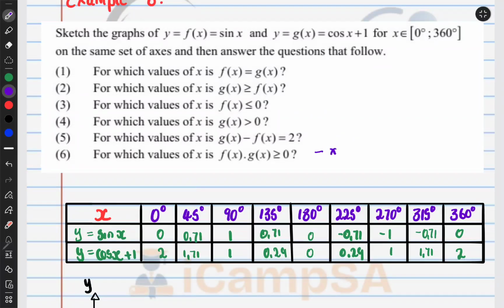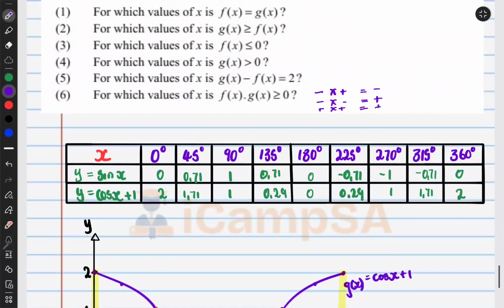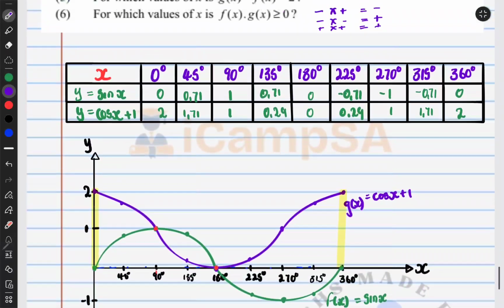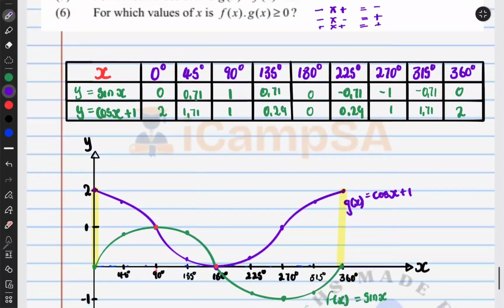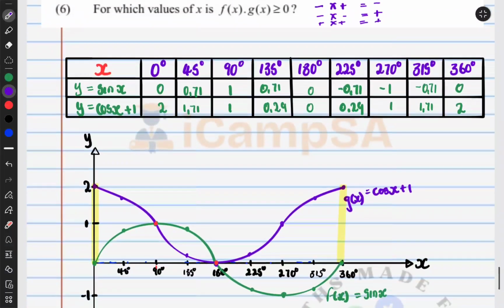A negative multiplied by a positive will give us a negative, so it won't work. A negative multiplied by a negative will be positive, so that will work. Positive multiplied by a positive will give a positive.